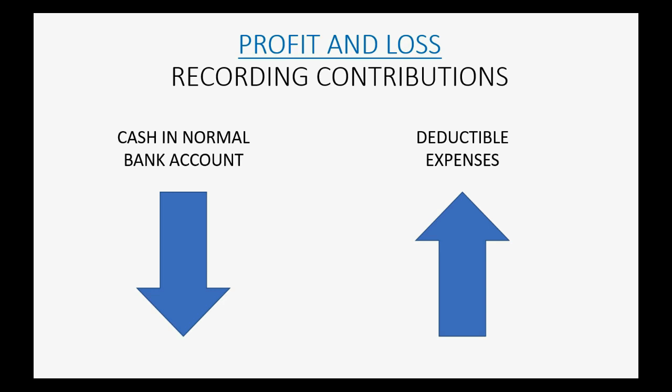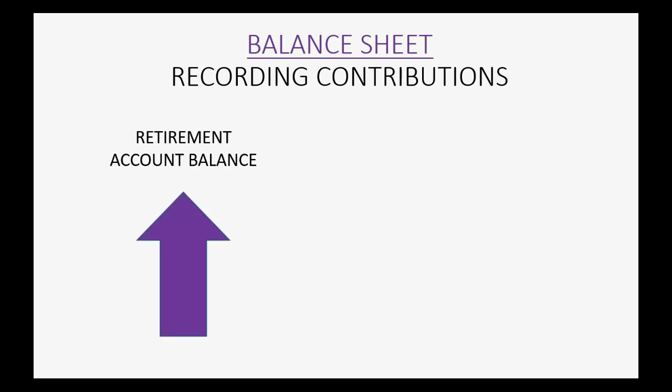However, for that very same transaction, you also have a balance sheet effect. You now have an asset called retirement account balance, and that number goes up. The balance of that asset, retirement account, goes up at the moment that you take money from your normal bank account and put it into that account.